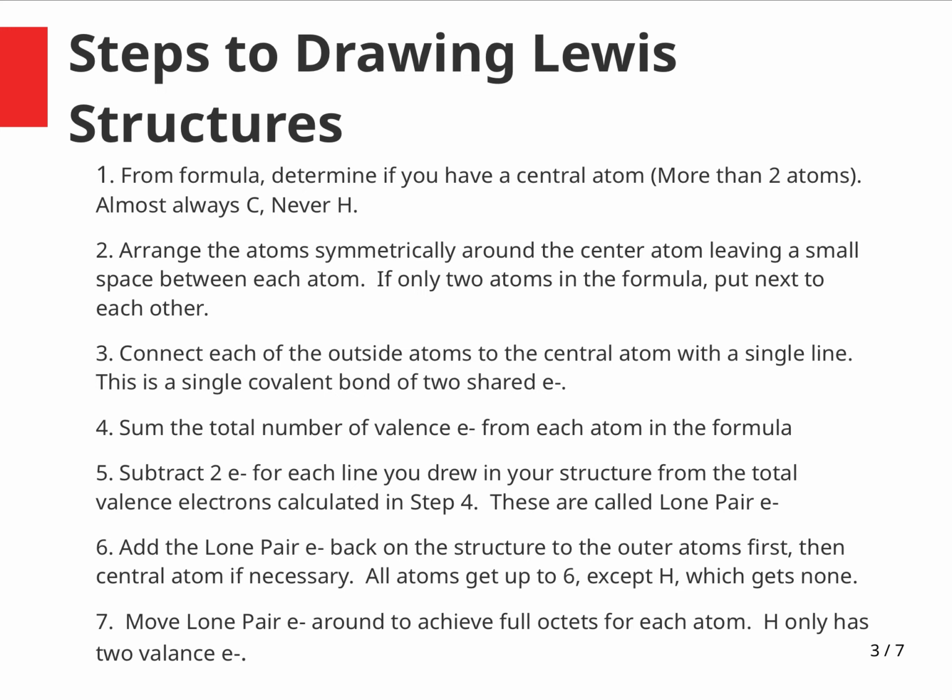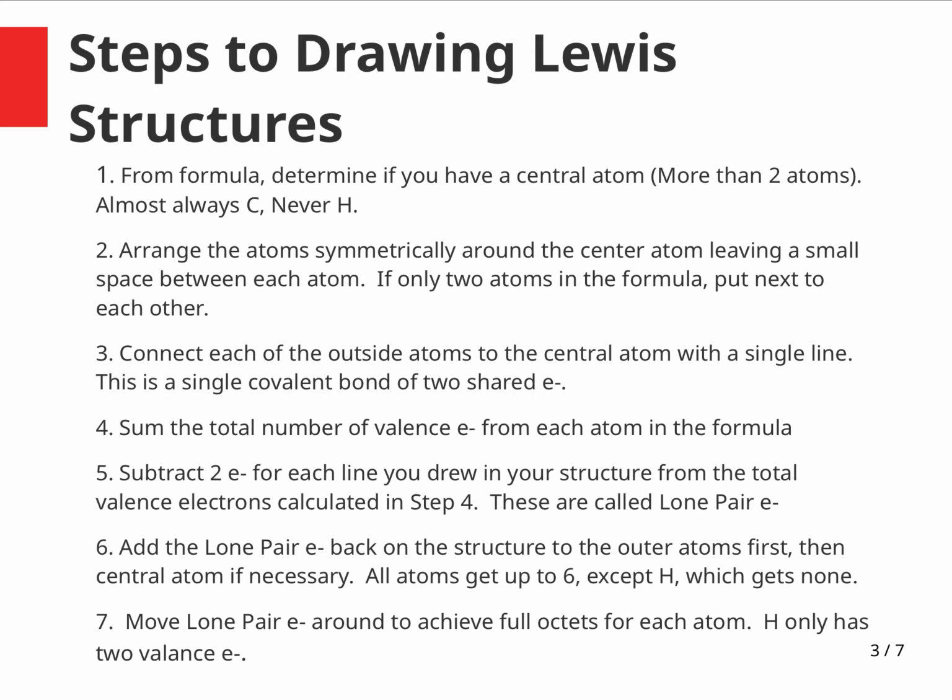Once you have the number of lone pair electrons total, you're going to add them all back onto your structure in pairs of 2 to the outer atoms first, then the central atom if you have to. All the outer atoms get 6, except hydrogen, which gets none, because hydrogen already has its duet filled.